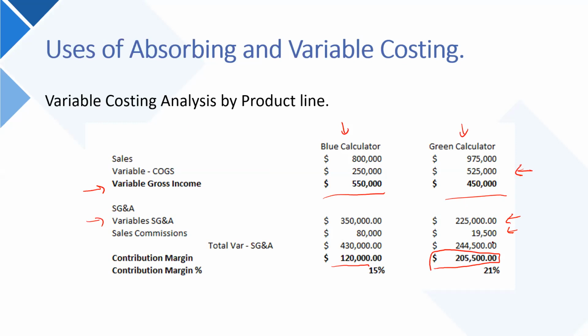So it has a bigger contribution margin. That is, I gain more money per calculator sold if I sell green calculators against the blue calculators. And why do we know this? Well, because we are including inside the cost, as contribution margin, variable expenses of the period. So that's the way you use that analysis.